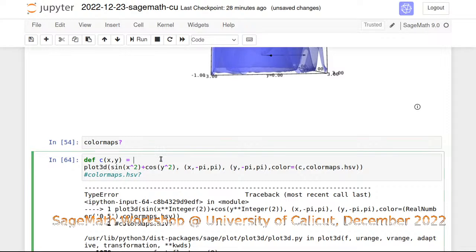So let us define it to return a float number of x square plus y square instead of what I defined here, and mod 1 to make it within the range 1.